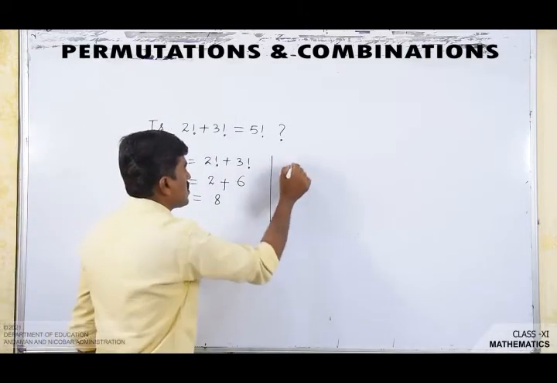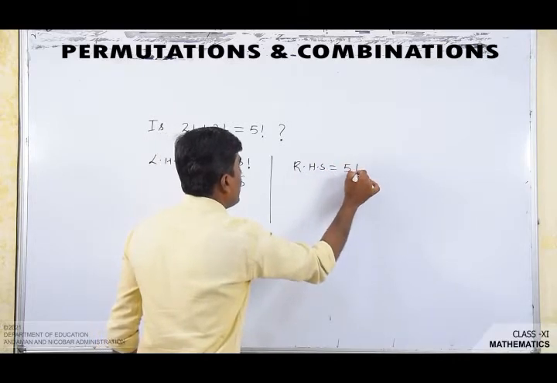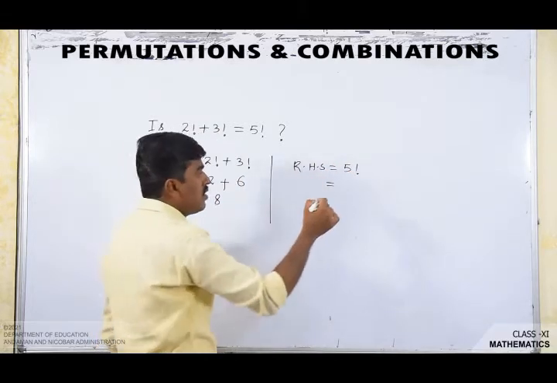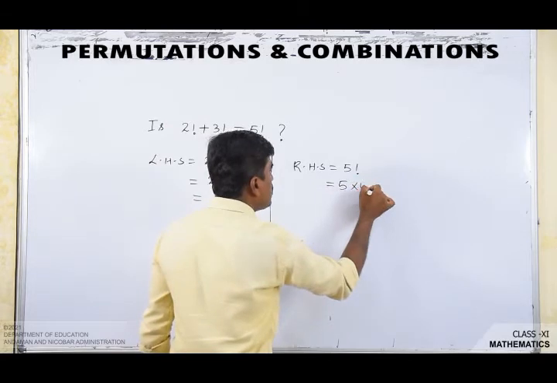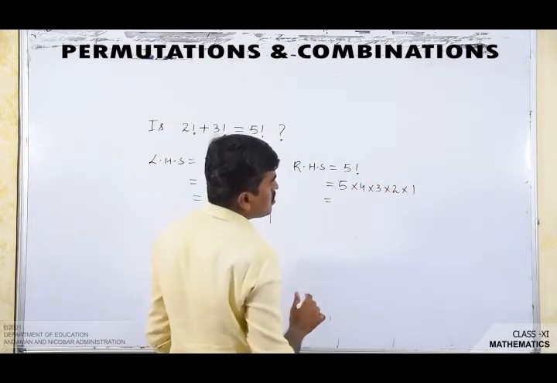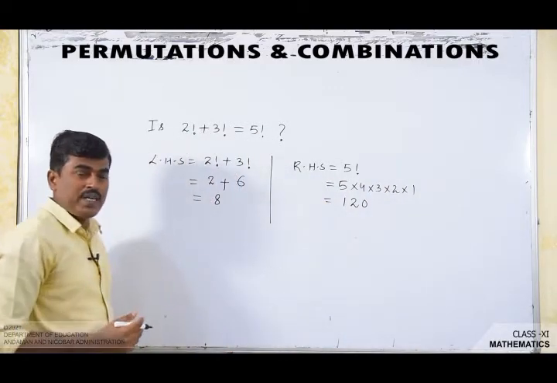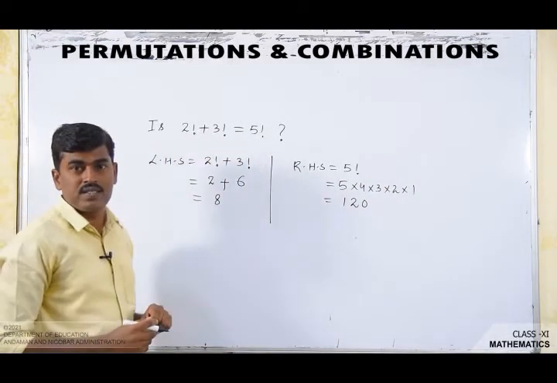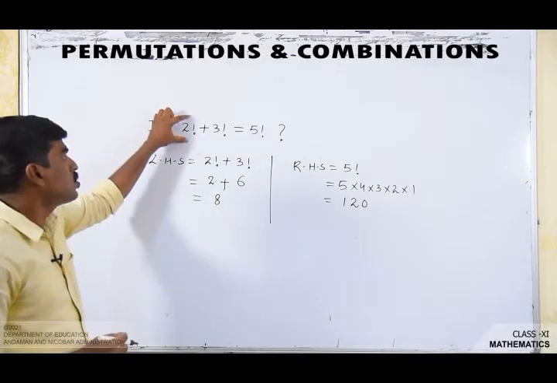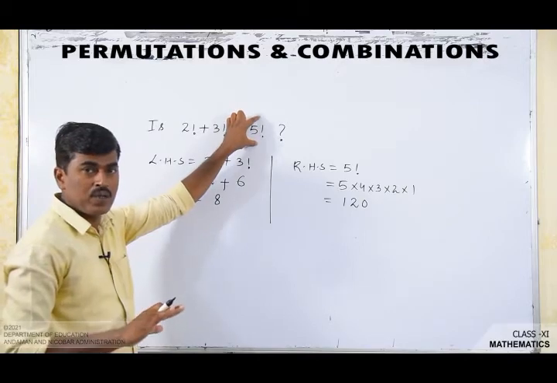And what is the RHS? RHS of this expression is 5 factorial. And what is 5 factorial? That is 5 into 4 into 3 into 2 into 1, so that is equal to 120. So is the LHS equal to the RHS? No. Here 2 factorial plus 3 factorial is not equal to 5 factorial.